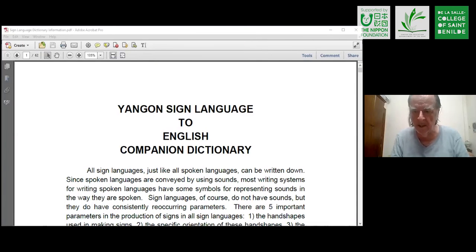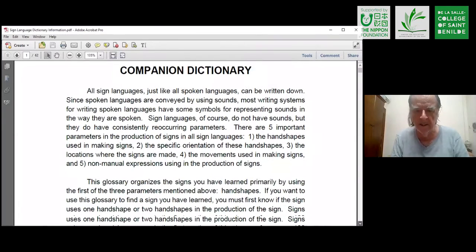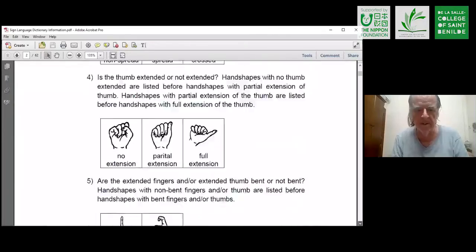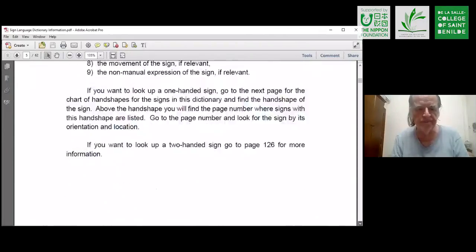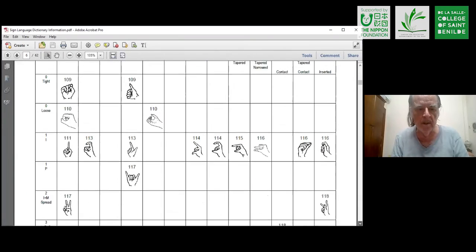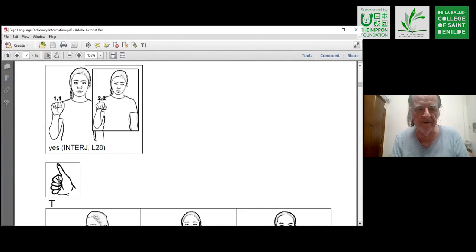If you're starting on the orientation symbols, please look at the file I sent you called Sign Language Dictionary Information. This file. And here's how you can do the orientations. Yeah, you should have that file.